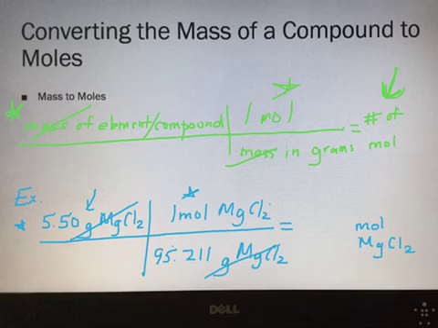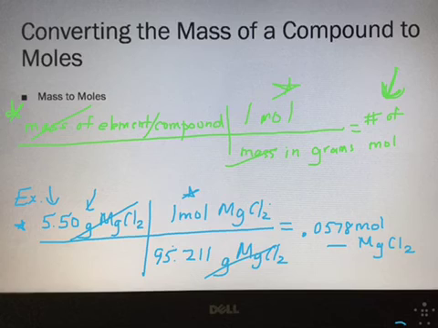And if I multiply across the top, multiply across the bottom, and divide, I'm going to come out with 0.0578 moles of magnesium chloride are in 5.50 grams of magnesium chloride. And again, I kept 3 digits because I started with 3 digits here. So this would be my final answer.